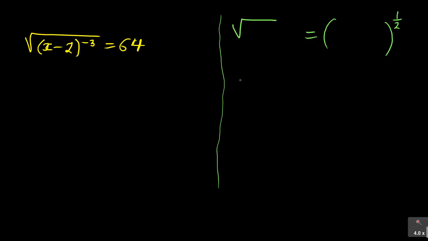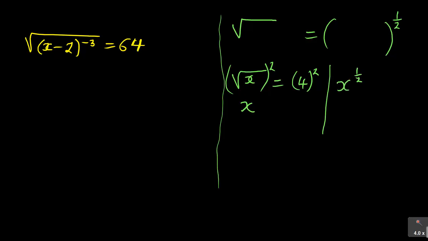Now if there is an equation whereby inside here there is square root of x is equal to 4, to get rid of that square root there are two ways. I can simply square both sides. That's how I get rid of the square root. Or as I said, that square root means x to the power 1 over 2 is equal to 4. Then I can raise to the power 2 over 1.